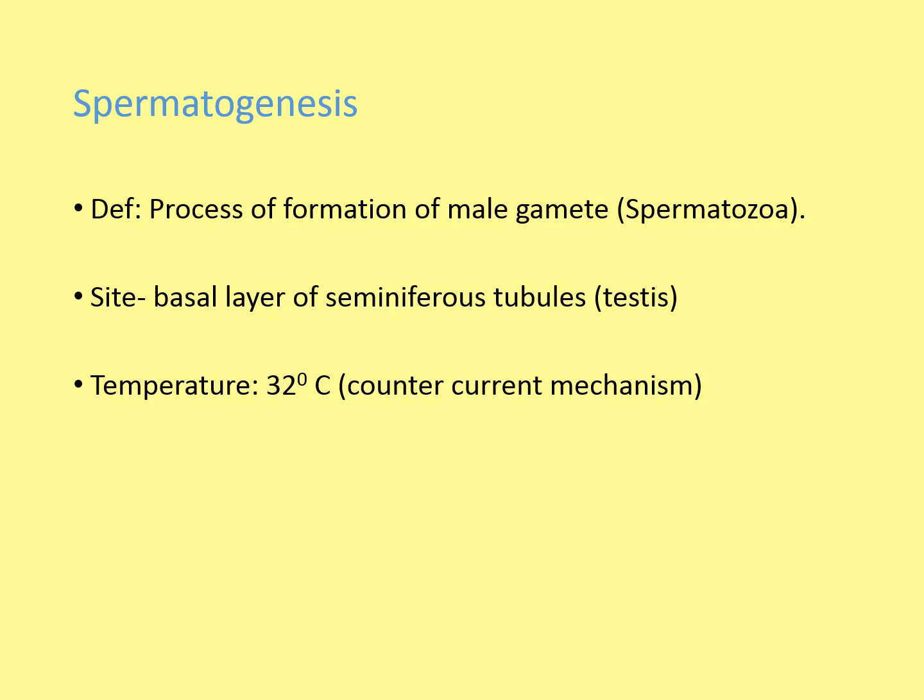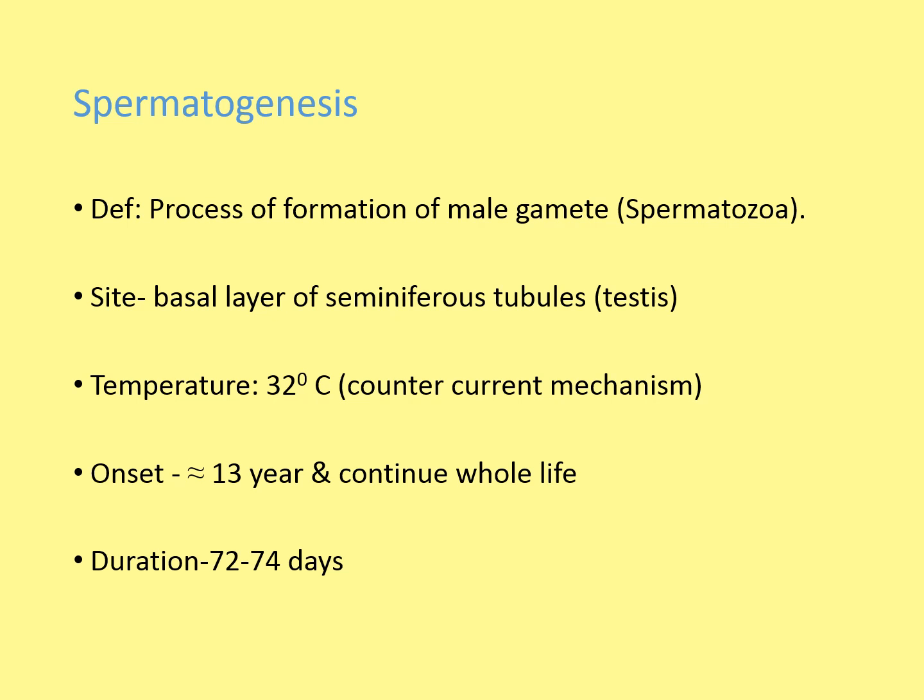Testes are located outside the abdominal cavity in the scrotum, which maintains lower temperature by a counter current mechanism. Onset of spermatogenesis is around 13 years and then continues throughout whole life.